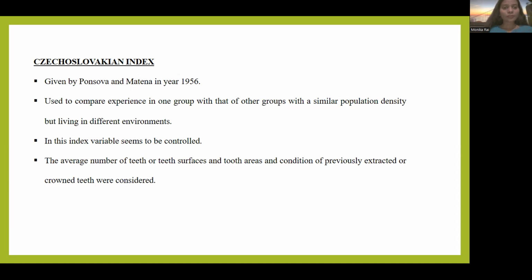It is used to compare experience in one group with that of other groups with a similar population density but living in different environments. In this index, variables seem to be controlled. The average number of teeth or tooth surfaces and tooth areas and conditions of previously extracted or crowned teeth are considered.